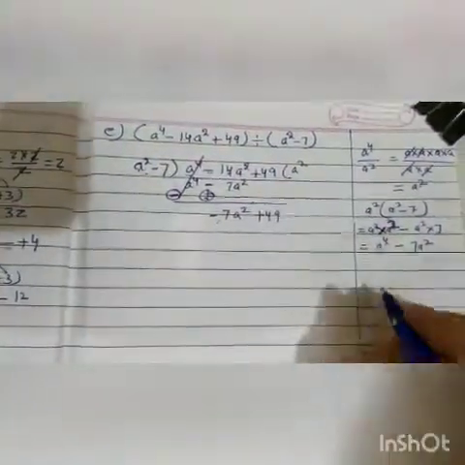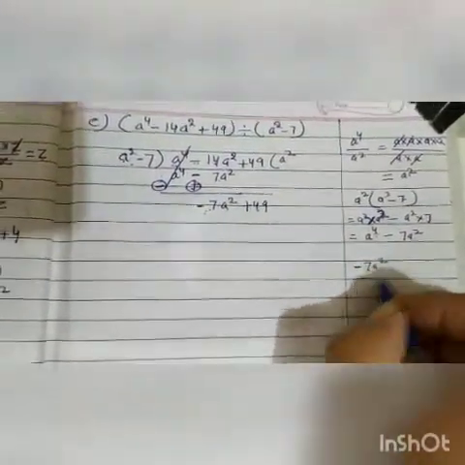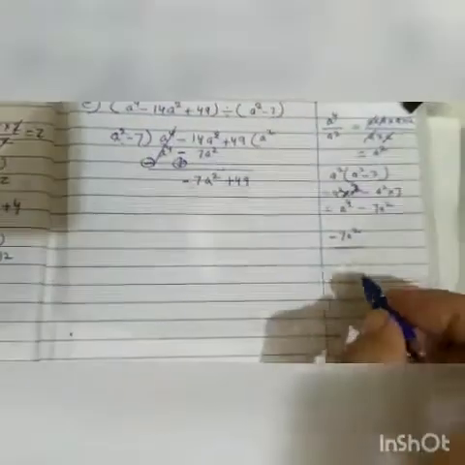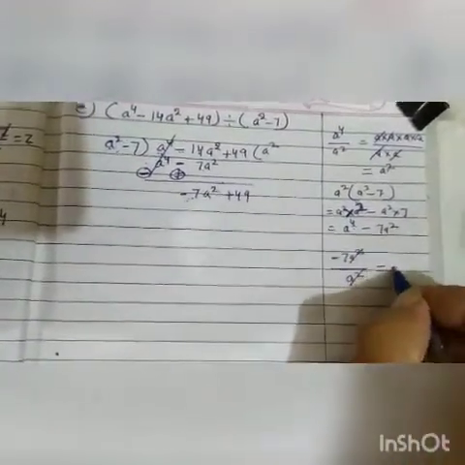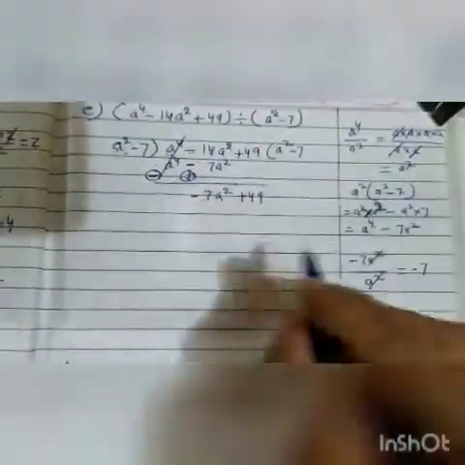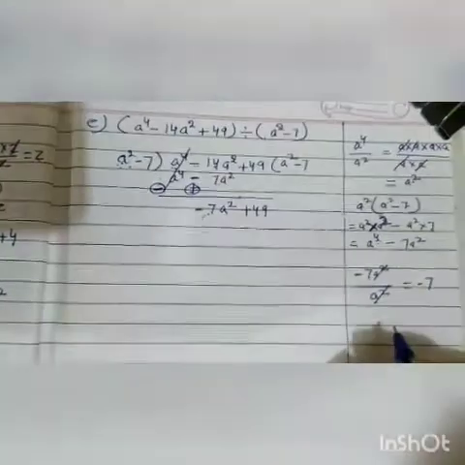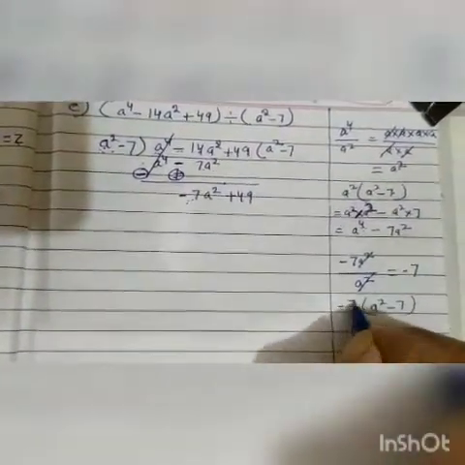Now again repeat the same pattern. Now this minus 7a square will be divided by this a square. Here a square cancels. We get minus 7. Write minus 7 here. Now multiply this a square minus 7 by this minus 7.